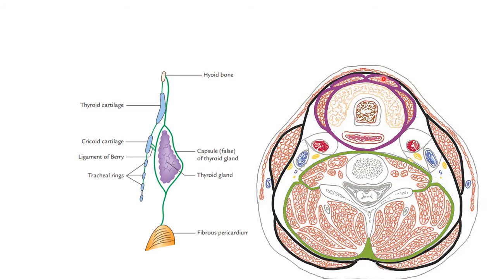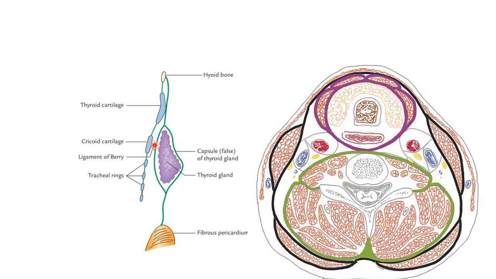Now coming to the pretracheal fascia. When we trace the pretracheal fascia in a vertical direction, above it is attached to the hyoid bone, then to the oblique line of the thyroid cartilage, then it splits to enclose the thyroid gland and forms its capsule, the false capsule of the thyroid gland.